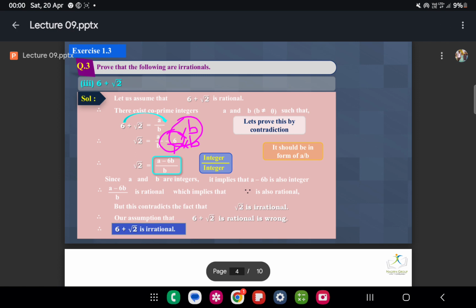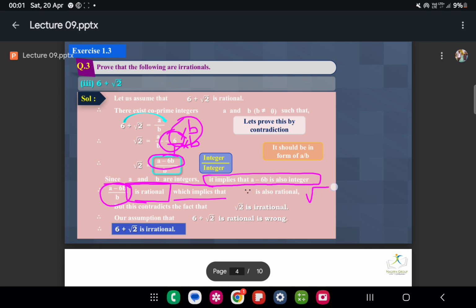Then we should make the statement: since a and b are integers, it implies that a minus 6b is also an integer. A minus 6b divided by b is rational, which implies that root 2 is also rational.